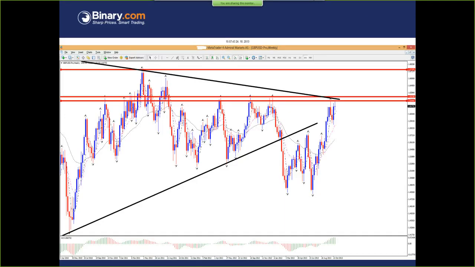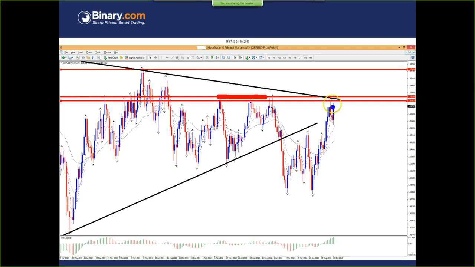Here's an example where we have, for instance, the pound-dollar weekly chart. And we can see that price was at a major resistance level. There were tops here. There was a weekly trend line indicated by the black line. And when price approached that, it didn't push through that resistance immediately.